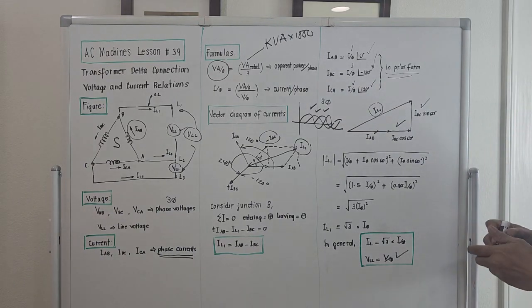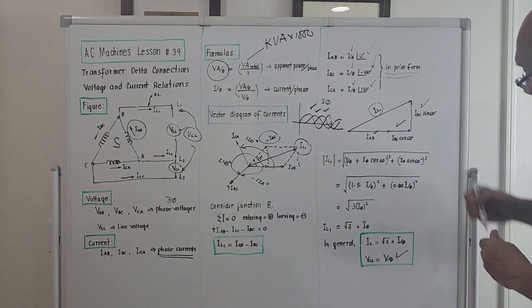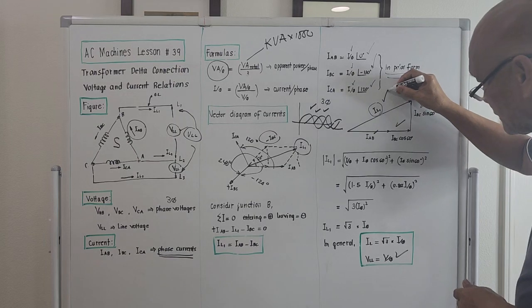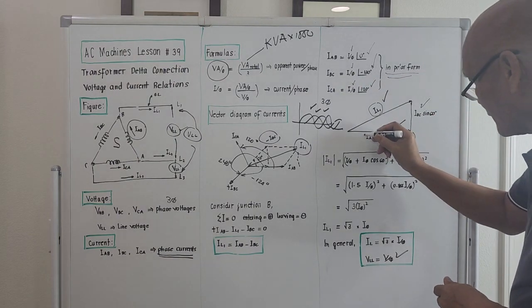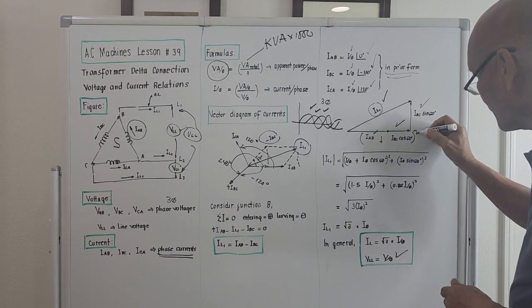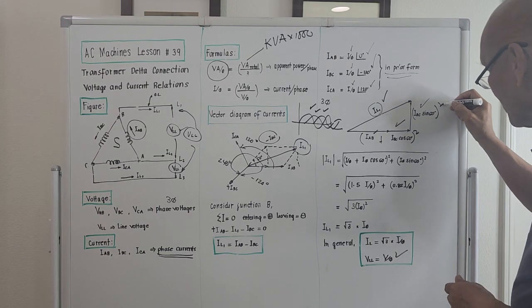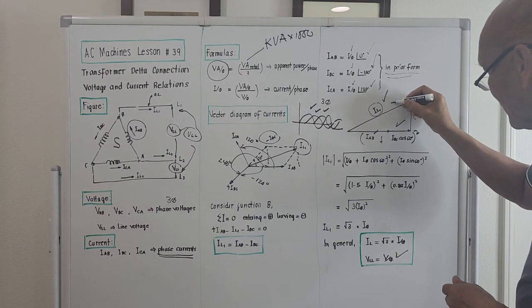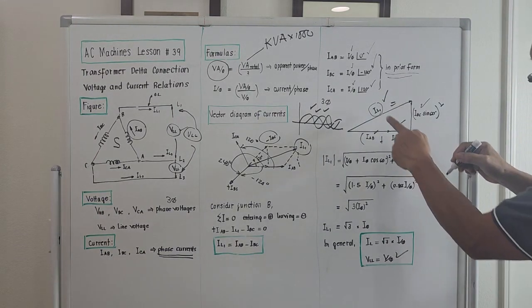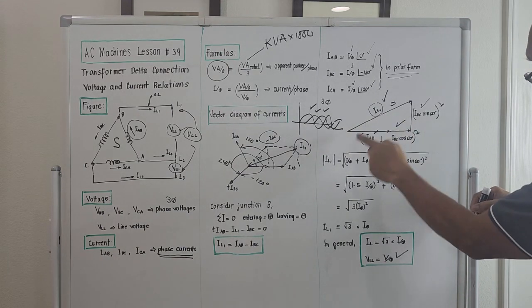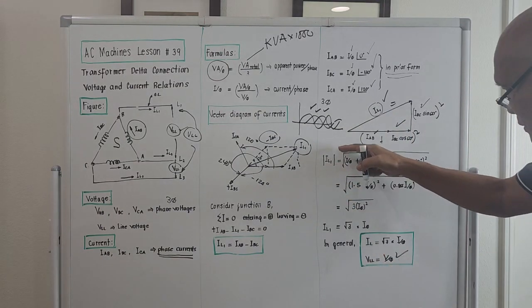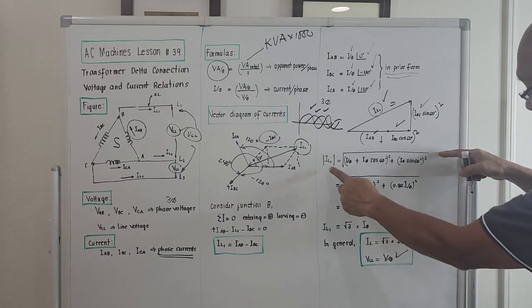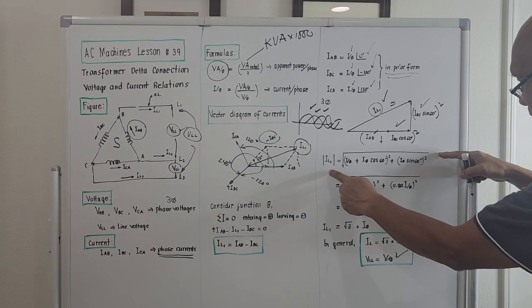So by using the Pythagorean principle, the square of this plus the square of this should be equal. If we compute for I_L1, it will be the square root of this, because we are solving for I_L1.